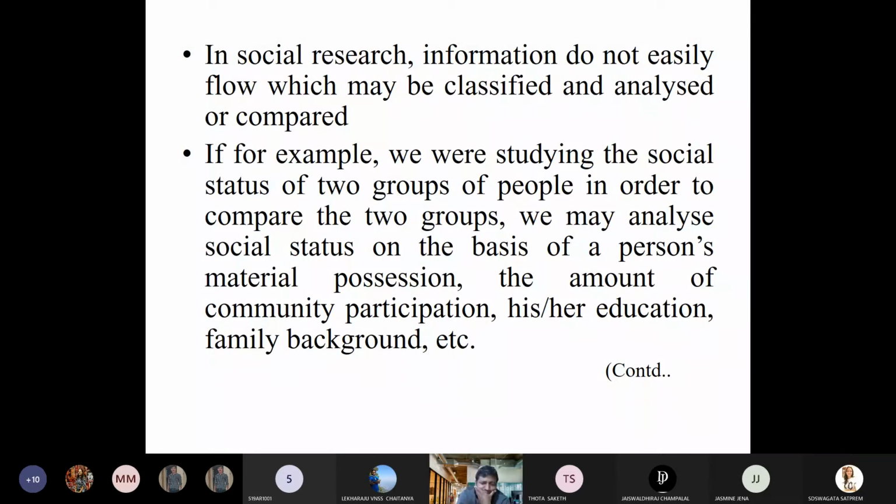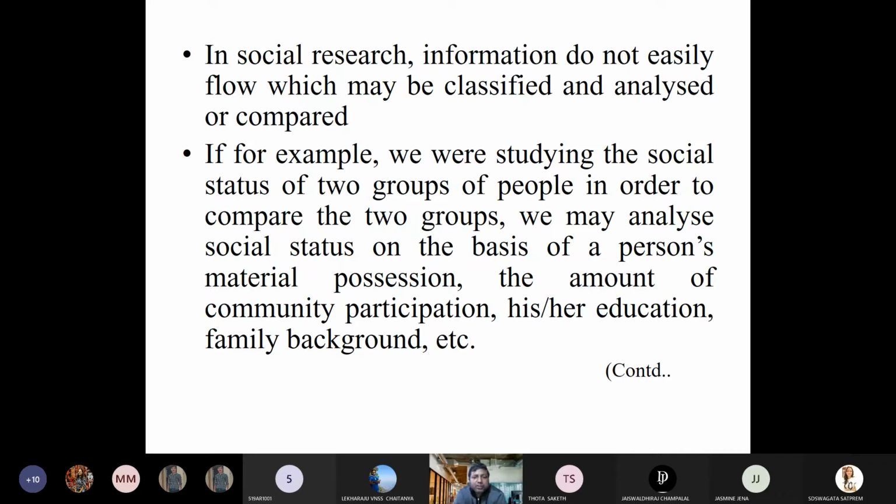When we are calculating the social status in the society, mostly in research, sometimes we get confused. We take only his economic status and then think that he is a highly established person. No. Material possession is one of the themes we calculate when calculating the social status of a person in the society, but it is not the entire thing.